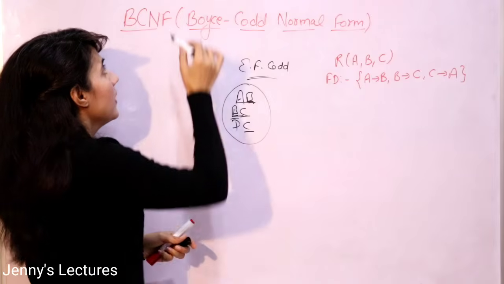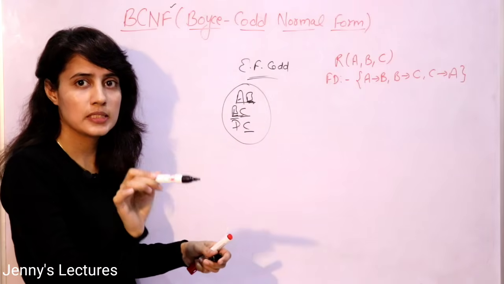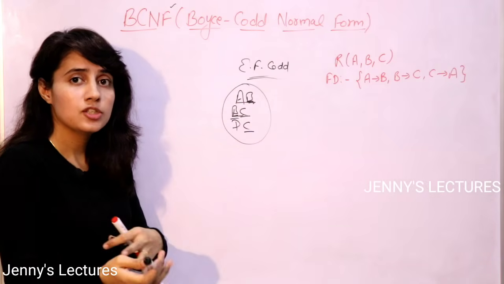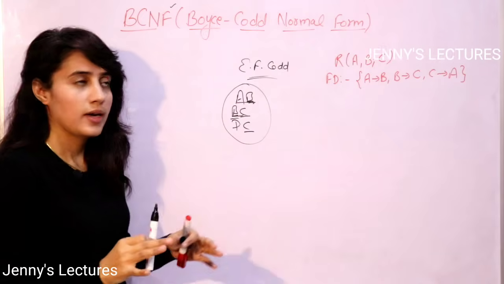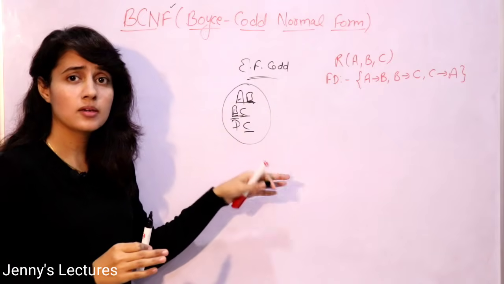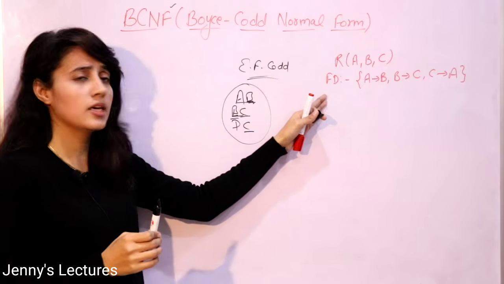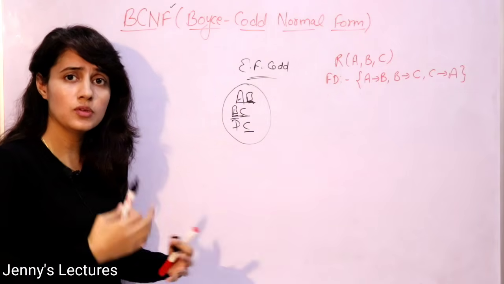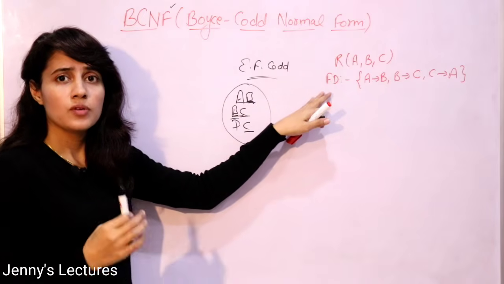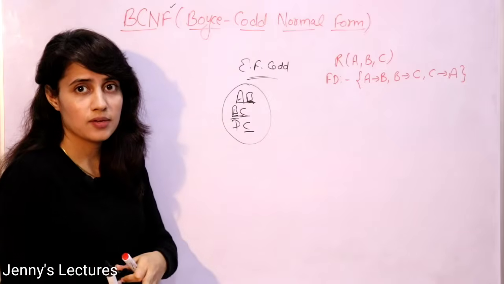Now, why is this more strict than third normal form? Let us discuss that. What are the rules for a relation? What are the requirements for a relation to be in BCNF? And after that, we will discuss with the help of 2 or 3 examples that this type of question would be given, and you have to tell this as in BCNF or not. And we will also see with one example that you have to tell the highest normal form that exists in that relation, whether it's second, third or BCNF, right?